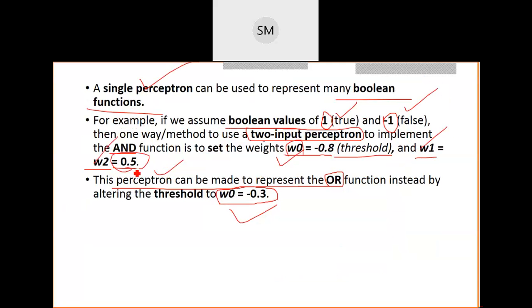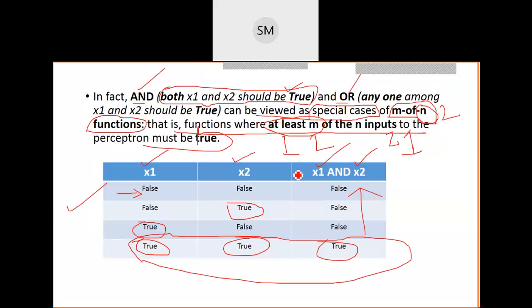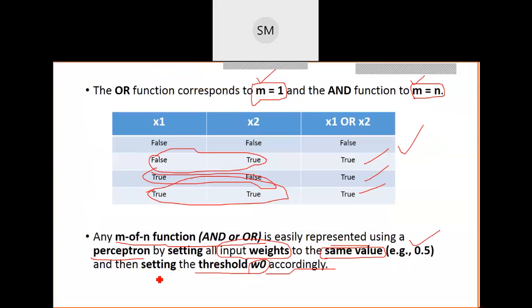So when W1 and W2 are 0.5, according to these two weights, we can adjust the weight value for this W0. We can adjust this threshold, that is W0, accordingly based on W1 and W2.